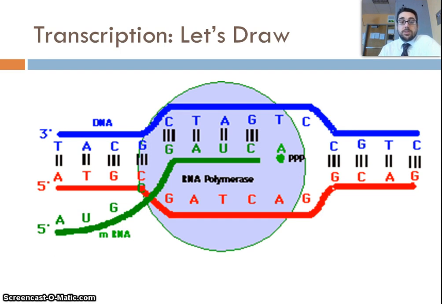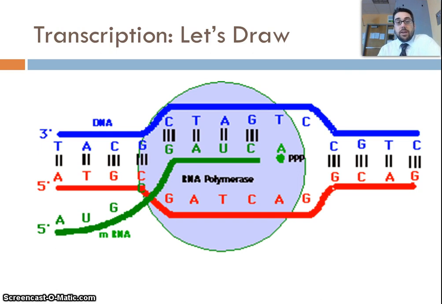It'll close it after typing the code. So open, type the code, close it back up, and send that mRNA outside the nucleus to a ribosome floating out in the cytoplasm. You can also see between T and A and C and G, we have these bonding pairs there. Those are our hydrogen bonds.